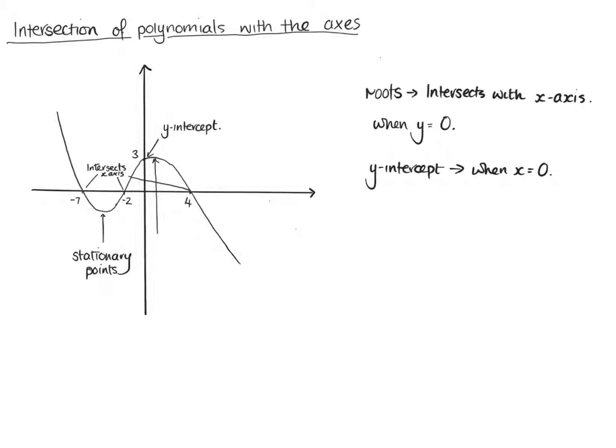It's where the graph stops going down and starts going up again, or where it stops going up and starts going down again. And these roots from our graphs can be found in a bunch of different ways, but that's the introduction of how cubic functions look.